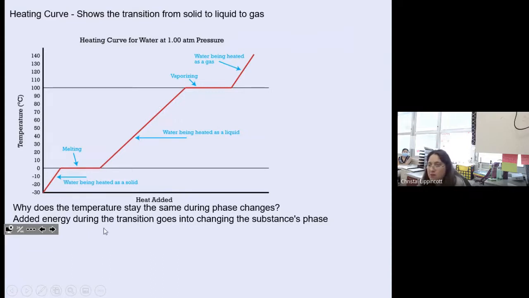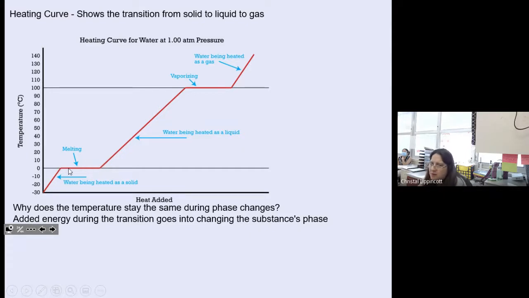All right, so this is your heating curve. This is what we were hoping for out of your lab yesterday. Okay, so this would be your solid. This is your ice. This is melting. And a lot of times with the melting in that lab, it doesn't get to be a perfect straight line here.